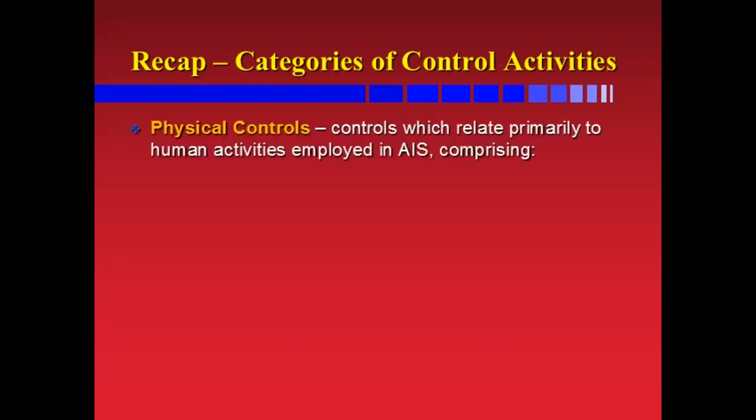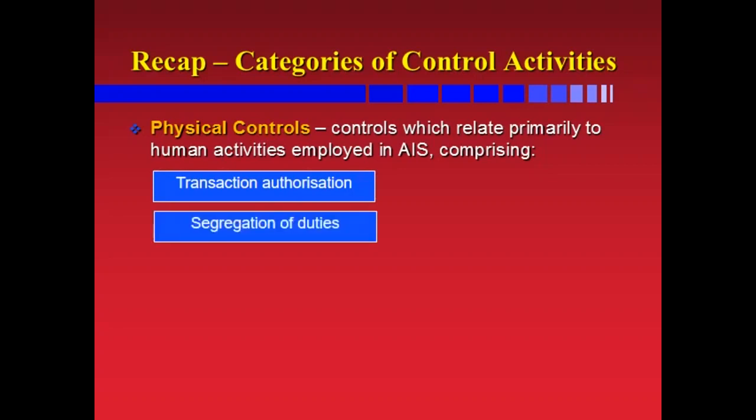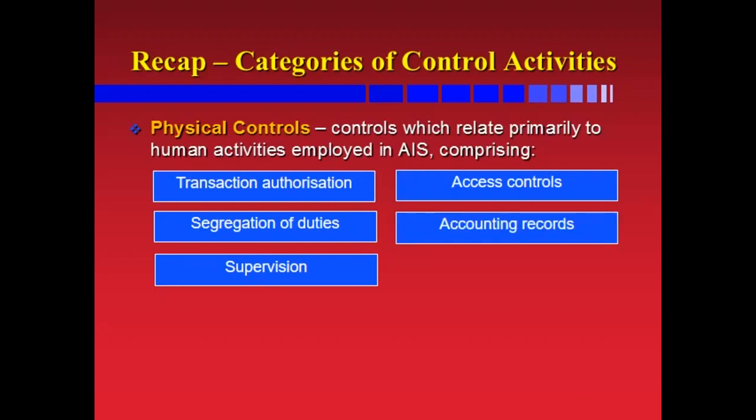Physical controls are controls which relate primarily to human activities employed in the AIS. There are 6 physical control activities. They are transaction authorization, segregation of duties, supervision, access controls, accounting records, and independent verification.